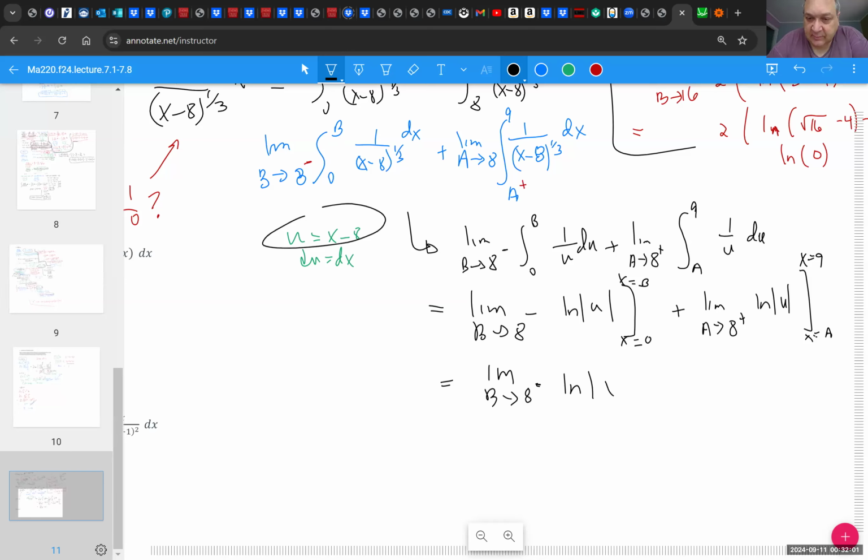Okay, so we get ln of x minus 8, and then x equals 0 to x equals 8. And then we get plus this limit. And then we put back in u: ln of x minus 8. And this one's going from a to 9, like 8 to 9, but we can't put an 8 in there because it makes it undefined.